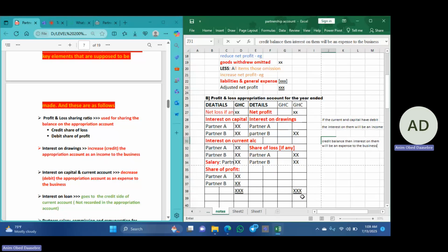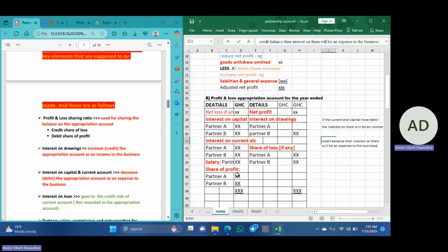Then you subtract the lower side from the bigger side, and the net amount will be what we call the share of profit. So that will be the profit that you are going to share among the partners.